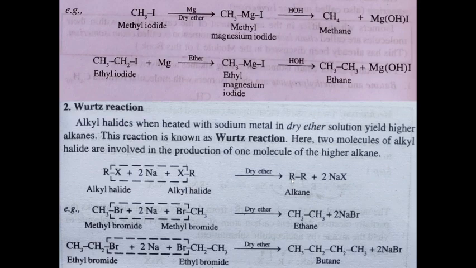Then for a specific example, methyl bromide CH3Br reacting with sodium metal in dry ether gives ethane. And if we take ethyl bromide CH3CH2Br reacting with sodium metal, again in dry ether, we get butane CH3CH2CH2CH3. So it's a step-up reaction.